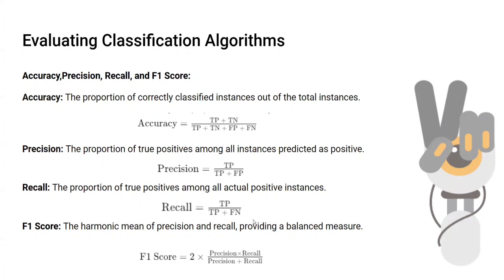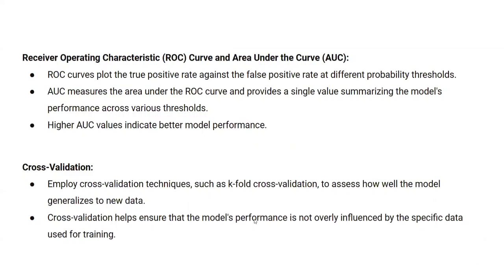So from the equations provided, as I explained for accuracy, each of the metrics here, such as precision, recall, and F1 score, has its own formula with its description. And the next thing is the receiver operating characteristic, that is the ROC curve, and the AUC, which is the area under the curve. It is also an evaluation metric for classification tasks.